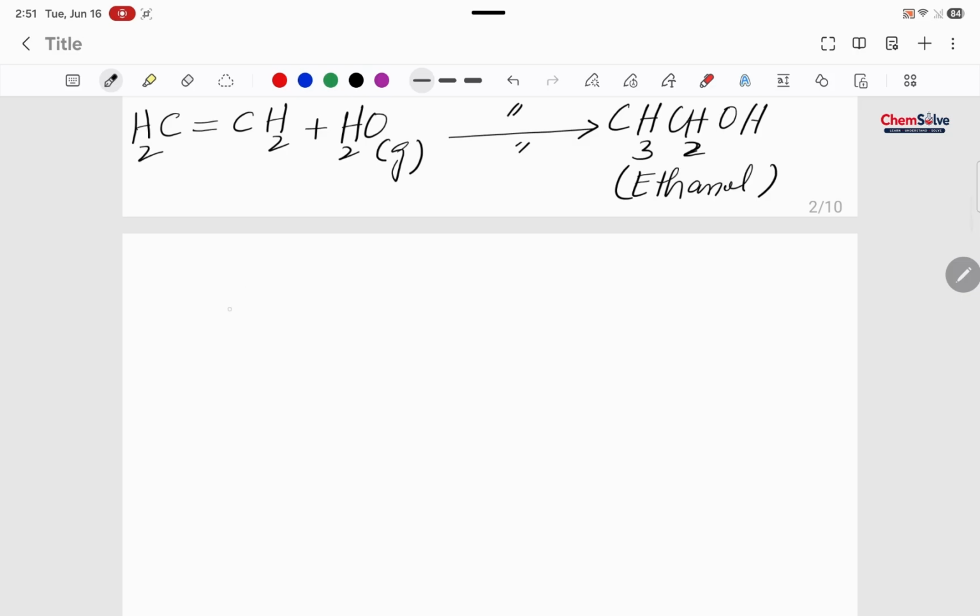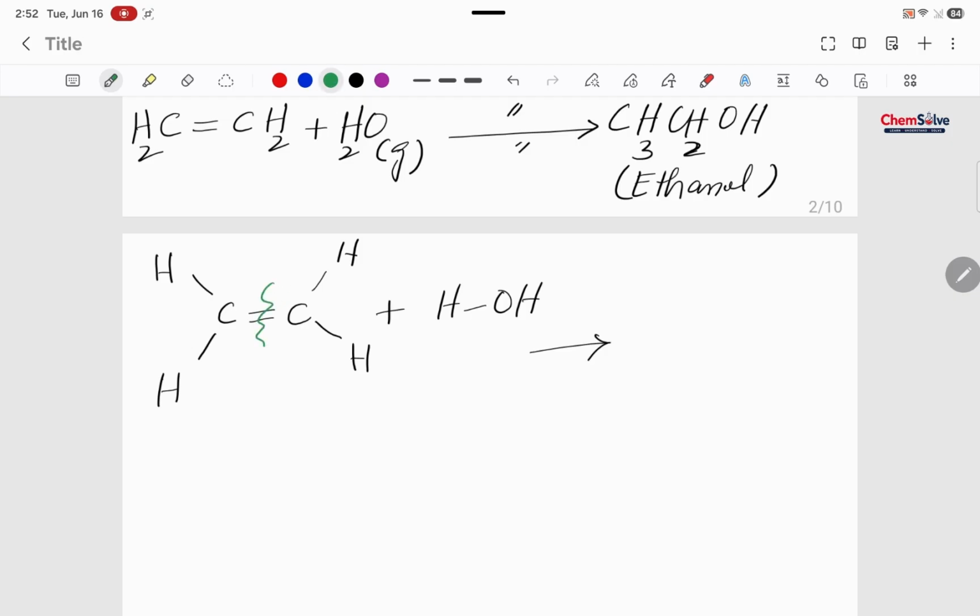Let's understand how does it work. Basically, ethene has double bond in between and there are 4 hydrogen which are attached in this way, and we are going to add steam, that is actually water. So what will happen? This double bond will break. One of the hydrogen will move to this carbon and this hydroxyl group will move to this carbon.